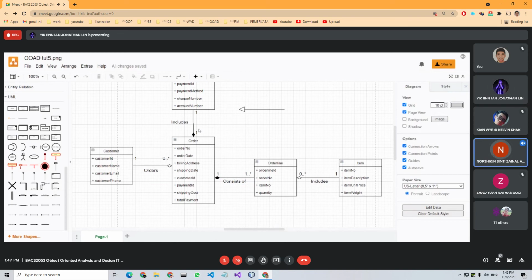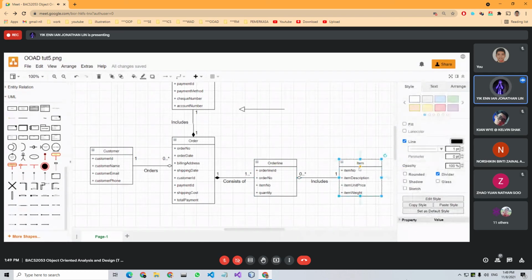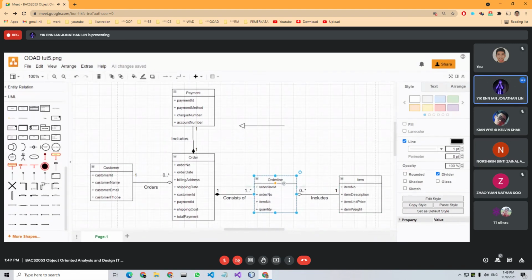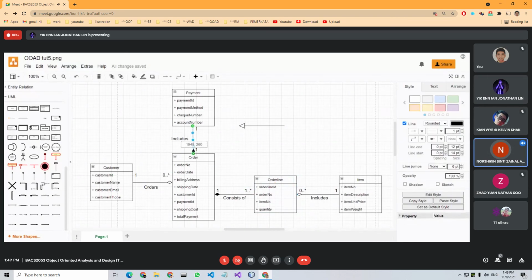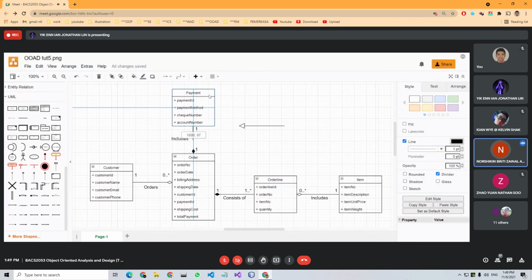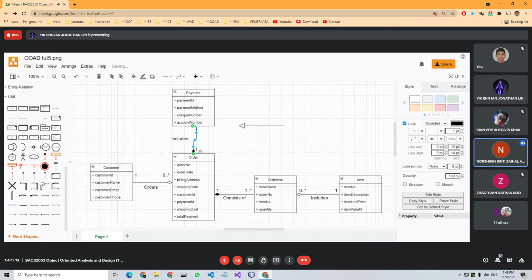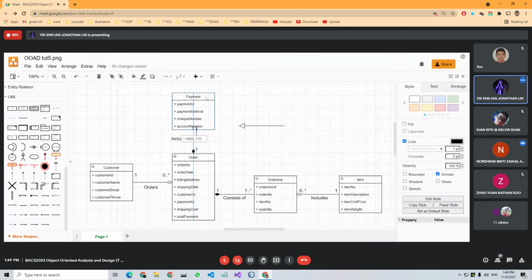The item can exist even though it's not included in any order line. It can exist on its own, same as the customer class. You don't need the order line for the item to exist. Okay, so that is correct.